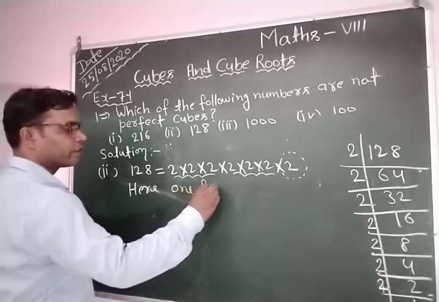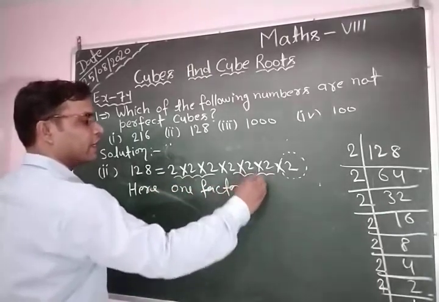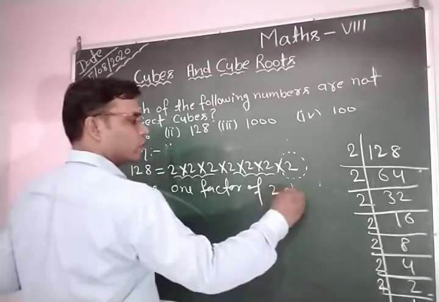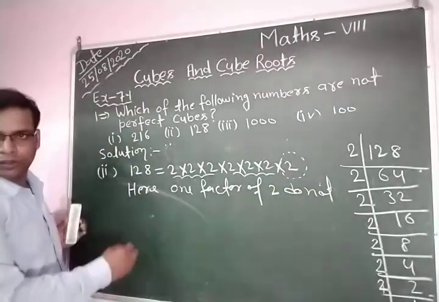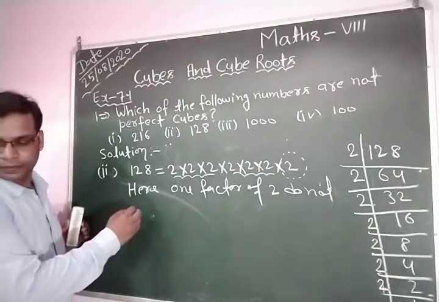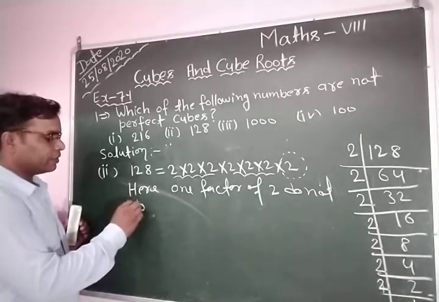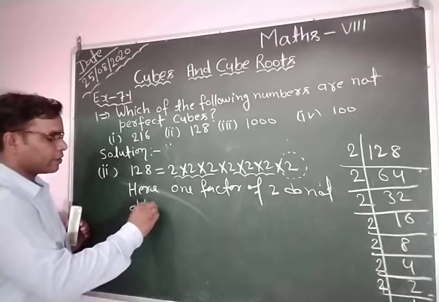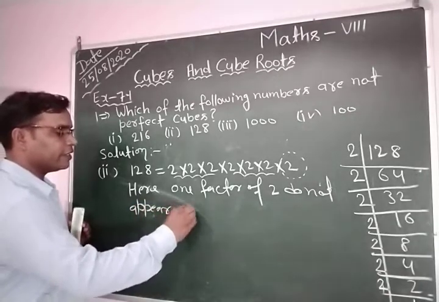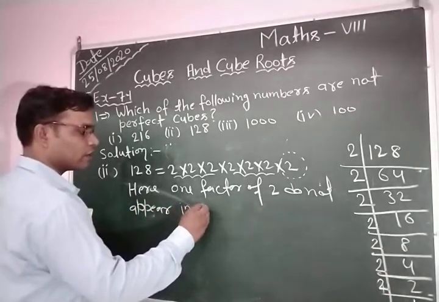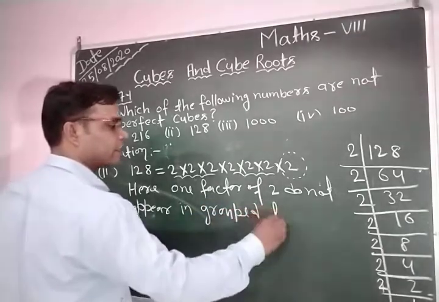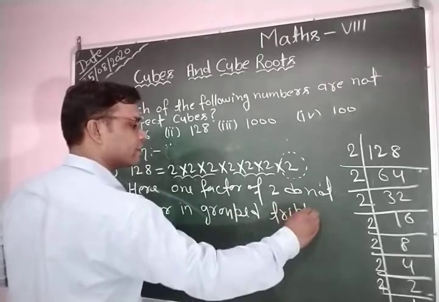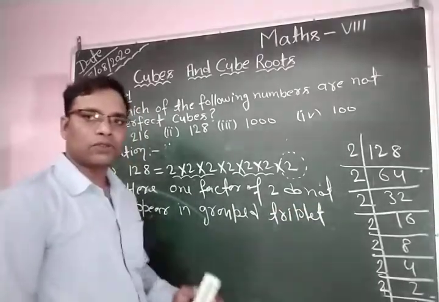1 factor of 2 does not appear in a grouped triplet. Does not appear in a group triplet.